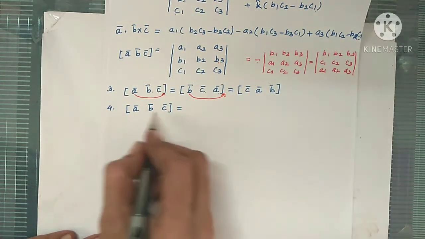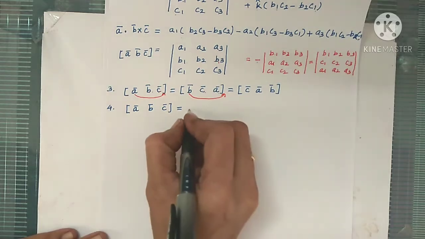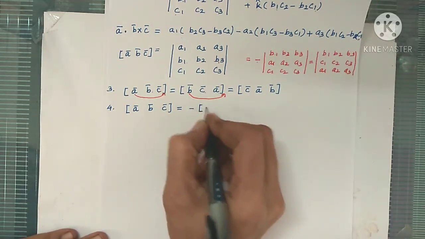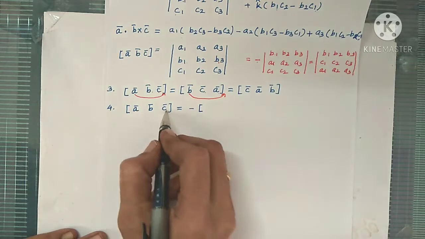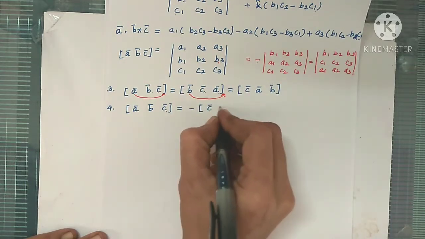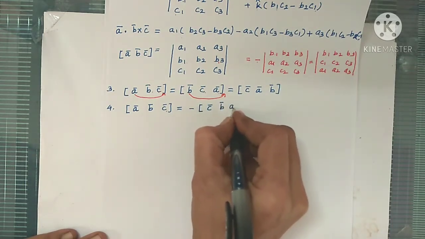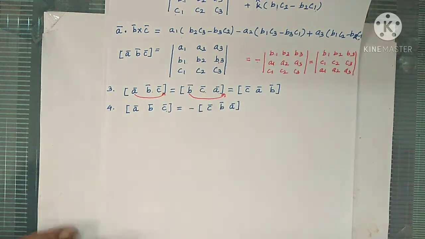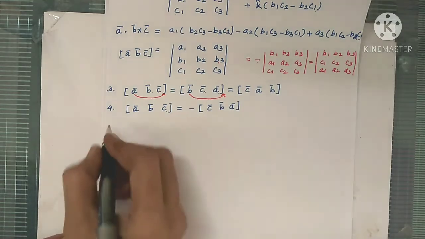If I interchange any two of these terms, then I have to change the sign. So if say this A bar and C bar are interchanged, then the sign changes. So this becomes the scalar triple product C bar, B bar, A bar with a minus sign. So interchanging any two terms changes the sign of the scalar triple product.